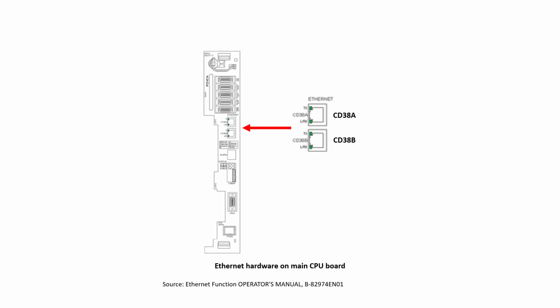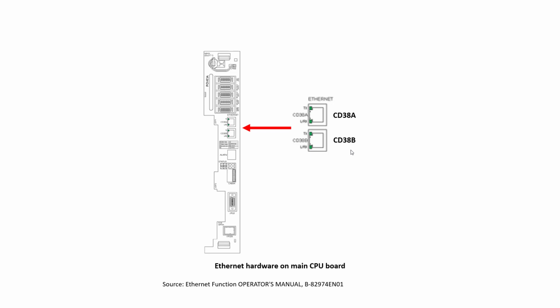If you look at the CPU board on the robot controller, and this depends on the robot controller that you're using, you're going to see that there are two RJ45 connectors, the CD38A and the CD38B. These are the two Ethernet connectors that we have on the robot.